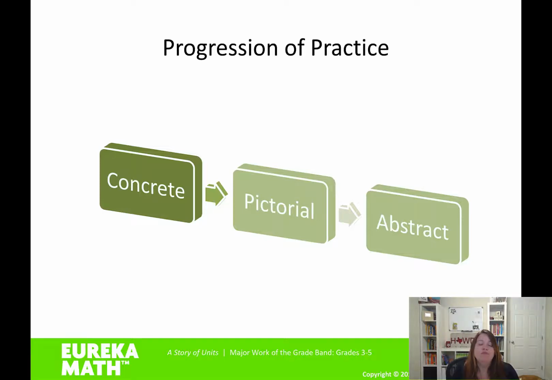And we're going to move along this progression of practice. So you're going to engage in a pictorial and abstract understanding as well. This is really going to serve you in your implementation to understand how those different progressions are connected for multiplication so that you can support students if there are misconceptions or misunderstandings in your lessons.